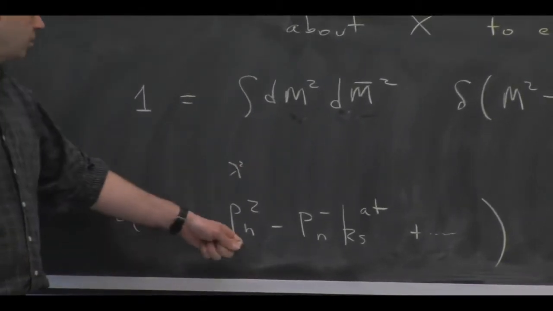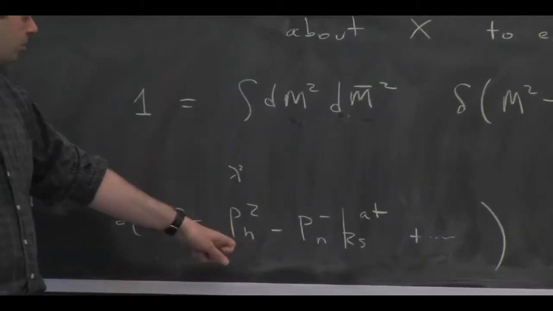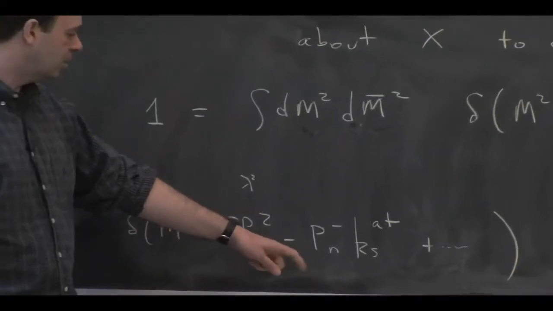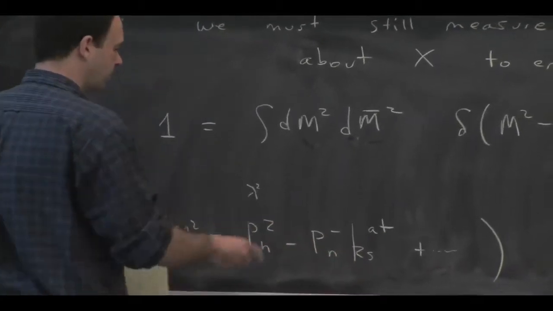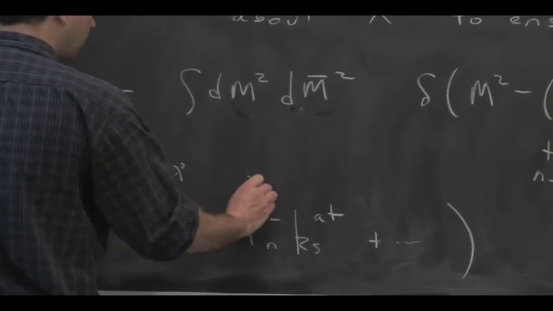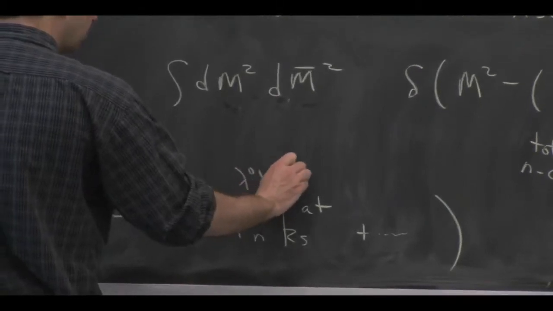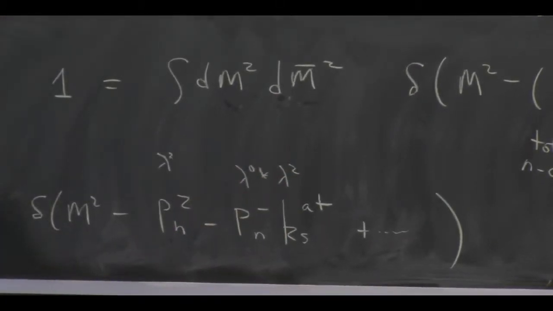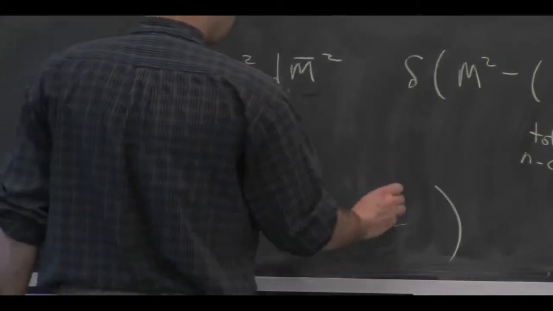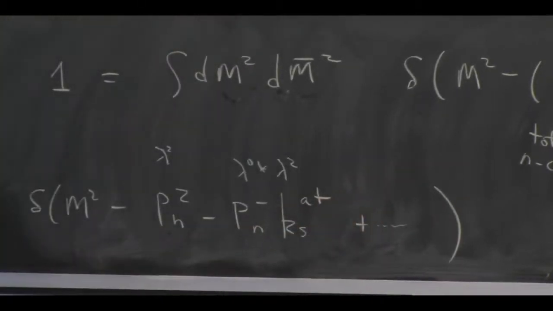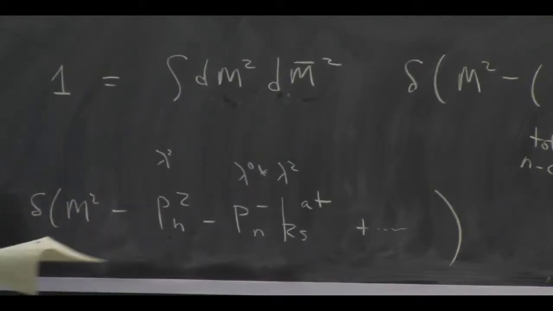And since this is a total collinear momentum, it can involve multiple massless particles. It doesn't have to be 0. And then there's a cross term between the softs and the collinears. It's also order lambda squared. This is order 1. And this is order lambda squared. And that term's the same size. And then all the other terms are higher order. These terms are suppressed.